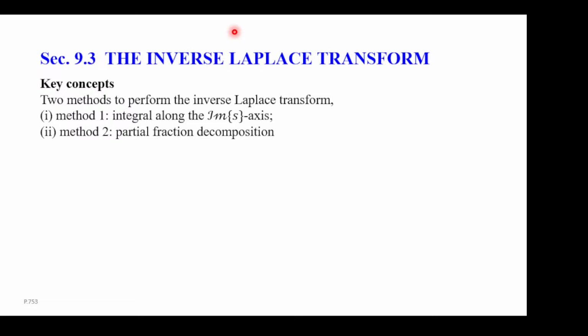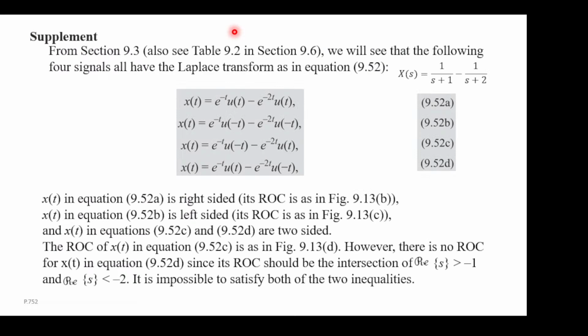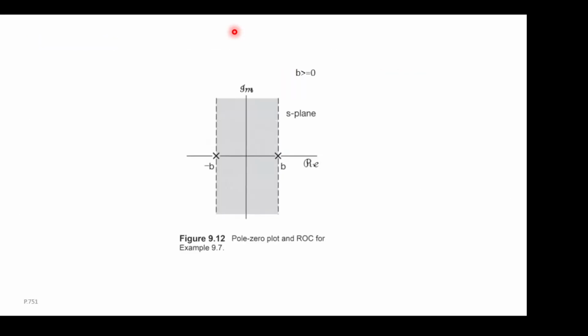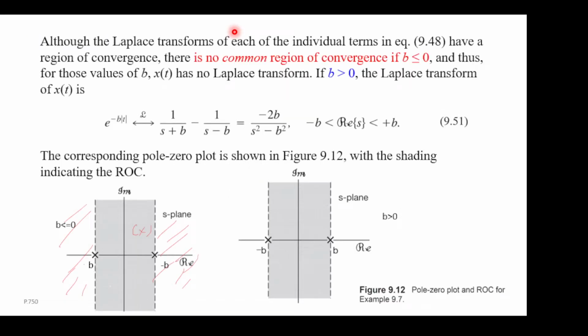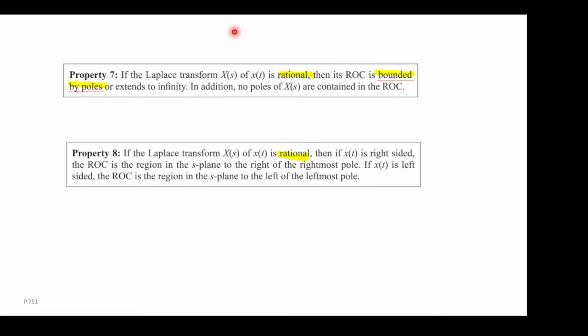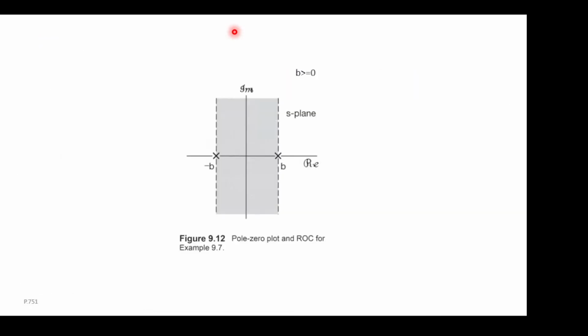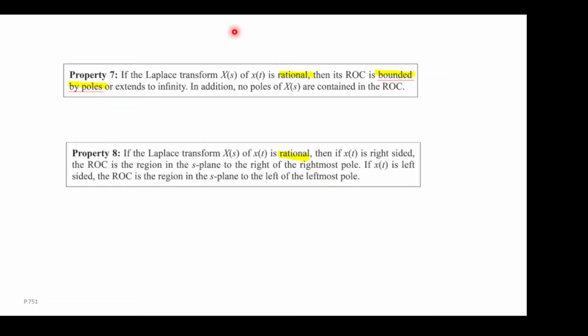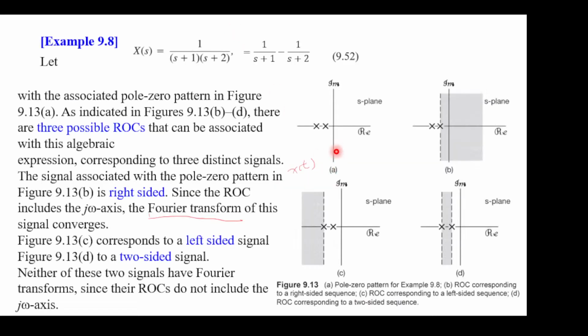Okay, let's get back. We had our properties of ROC, so now you get a pretty good idea of ROC. For rational functions, it's going to be one strip. You think about your rational function, you can draw the poles, and the poles will divide your plane into strips.